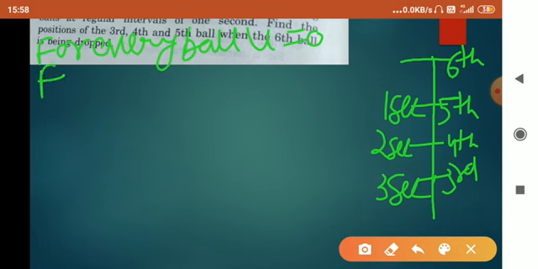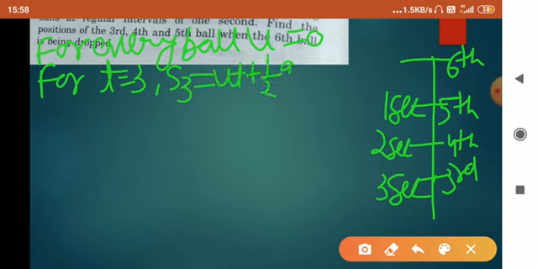we have, for the third ball, t is 3 seconds. So S3 is given by S equal to ut plus half g t square. This is the condition of a freely falling body. So u is 0, we have S equal to half g t square.